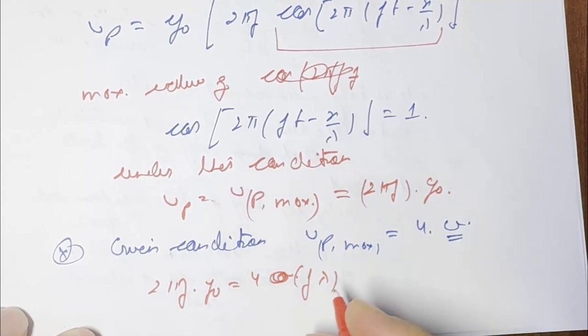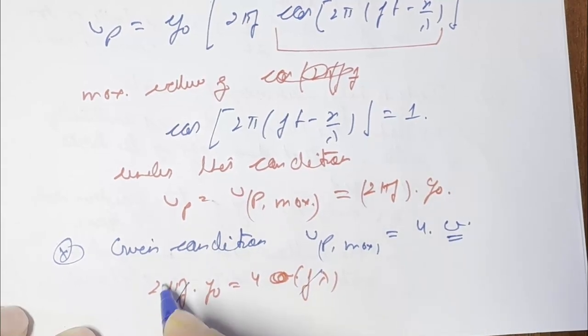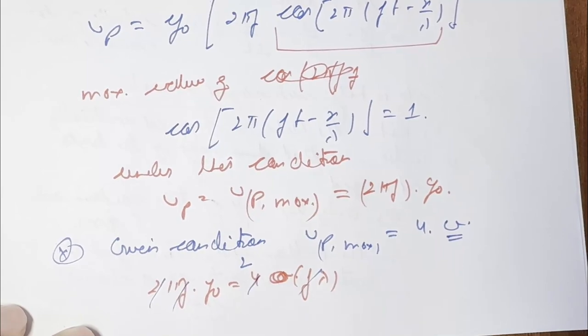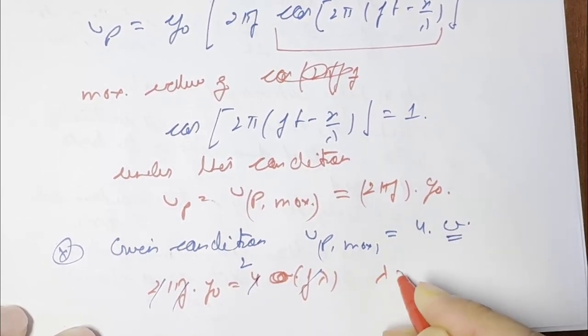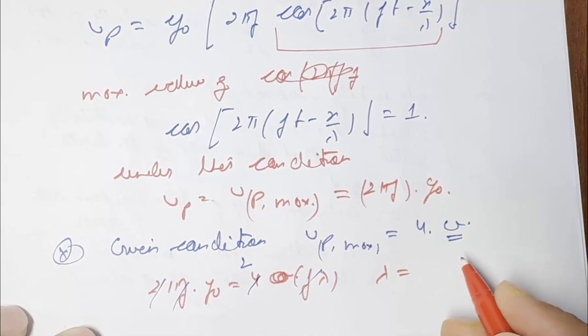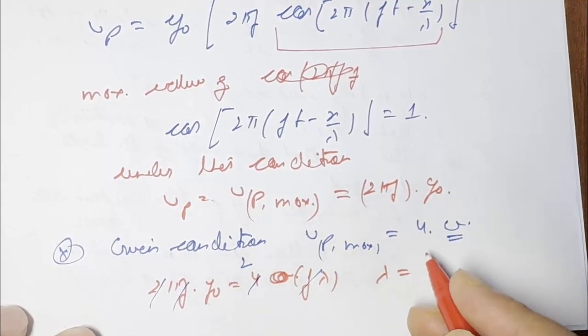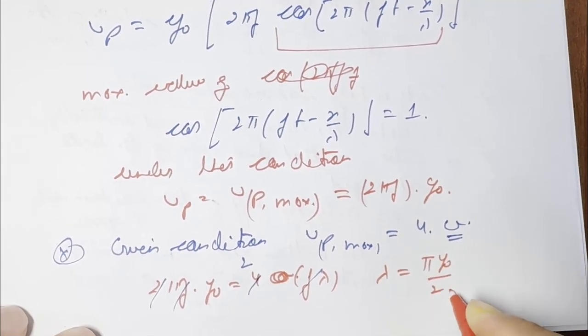From here we can cancel f on both sides, and the 2 goes to the other side. So we get lambda is equal to pi y naught divided by 2.